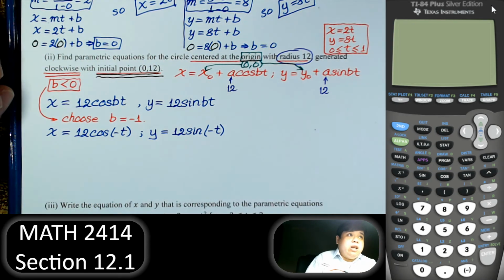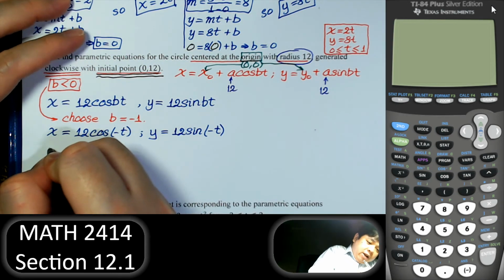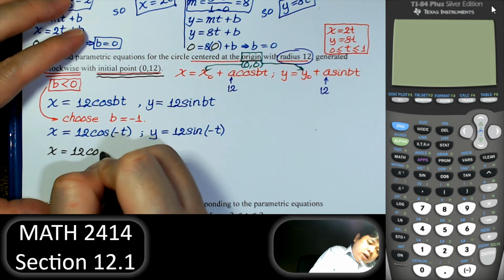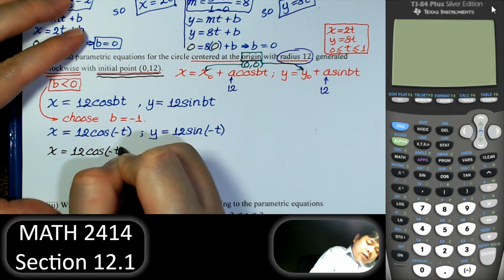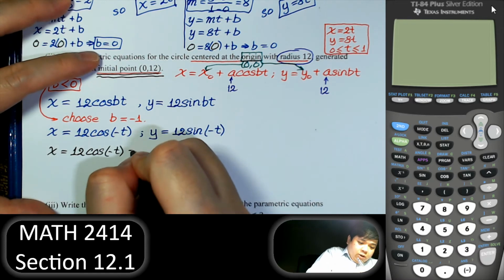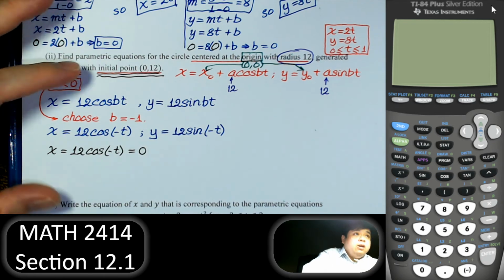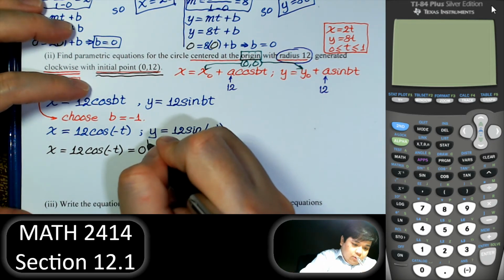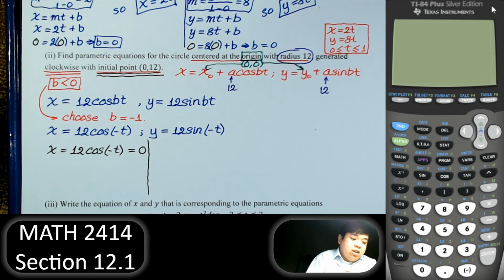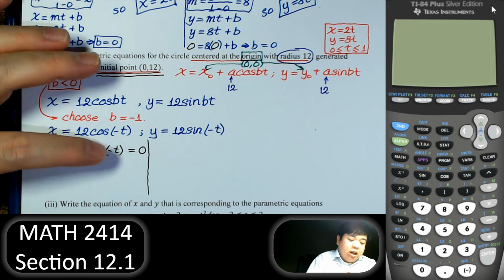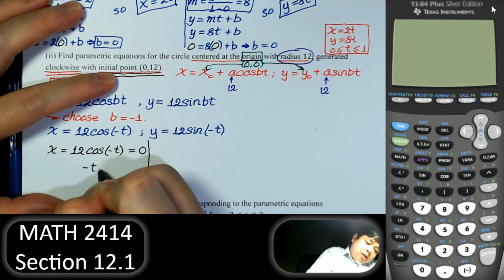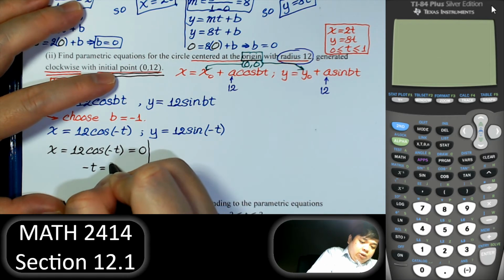We don't know where to start yet, but we have x equal to 12 cosine of -t and x equal to 0. Now 12 cosine of -t equals 0, where that -t is equal to pi over 2.